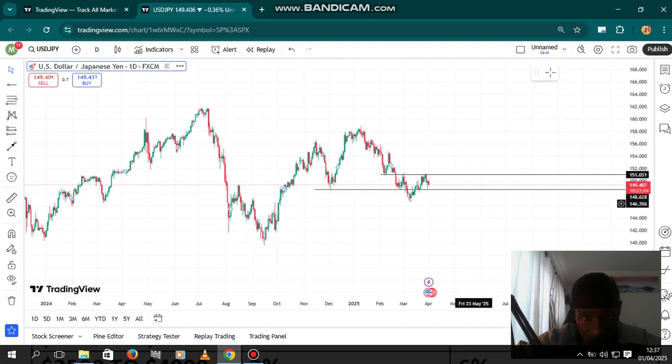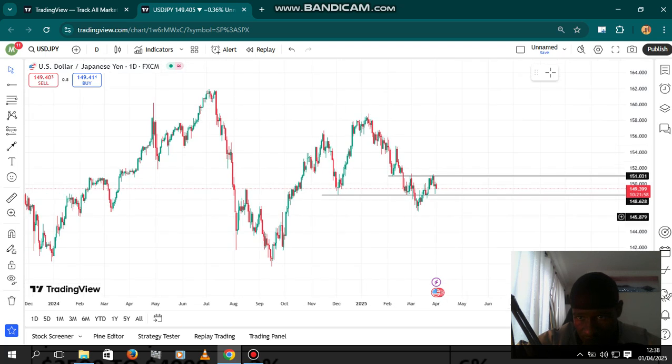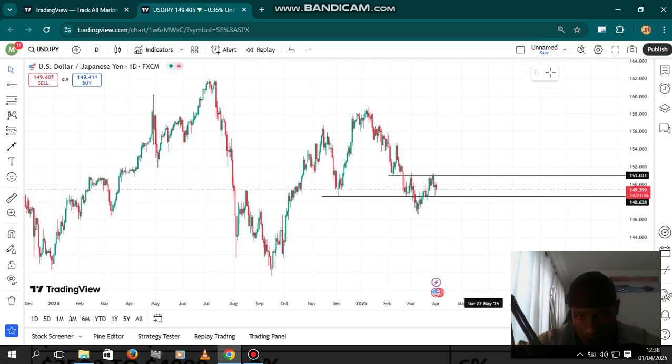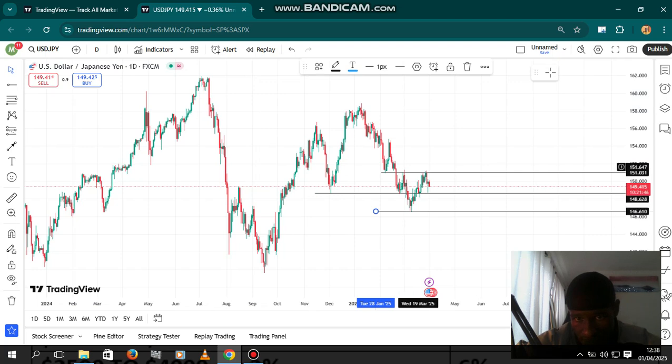So guys, I don't literally go back there because I am not a long-term swing trader. I swing sometimes on daily, but I don't have to go back there. So the current market, what is happening? Now, as you see, either the market will break to the downside, or it will reverse and continue this uptrend. But the whole big trend is a downtrend.